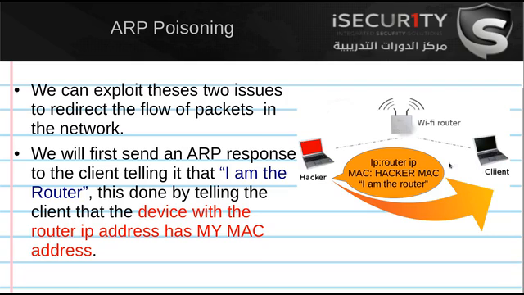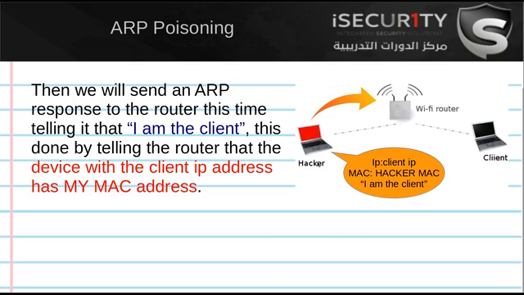We're going to tell the client the device with this IP has my MAC address. So we're telling the client that I am the router, basically. This will cause the client, instead of sending the packets to the router, to start sending the packets to us, because we told it the device with the router IP has my MAC address.